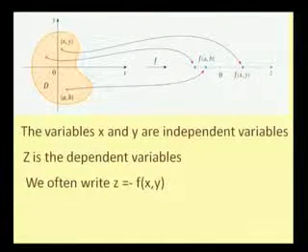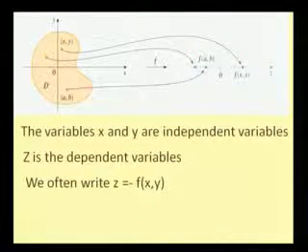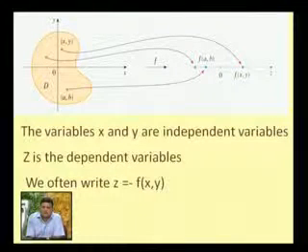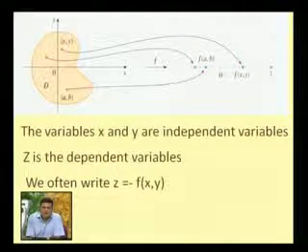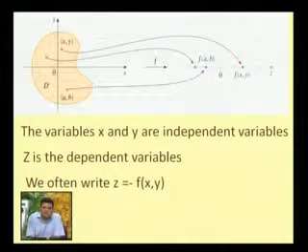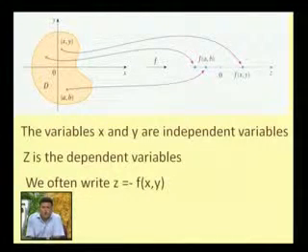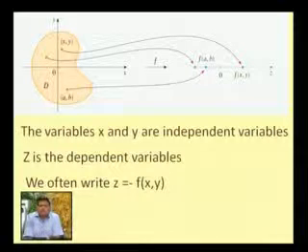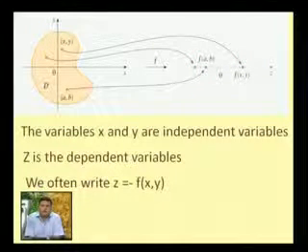In this picture the domain D is given and one point x, y is given, and the image of that you can see on the z axis, that is f of x, y. If the point is a, b, then f of a, b. The variables x and y are independent variables and z is the dependent variable. Often we write z is equal to f of x comma y.